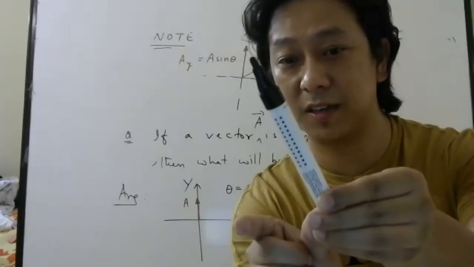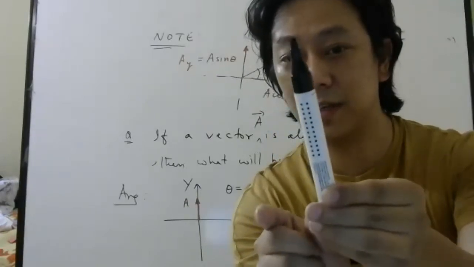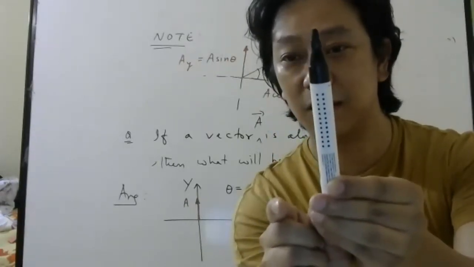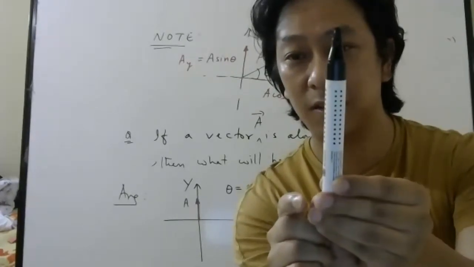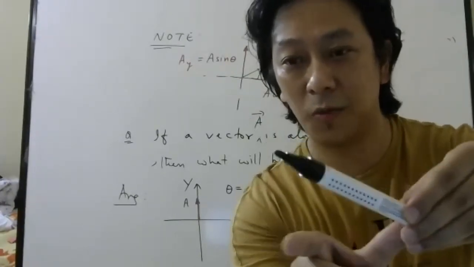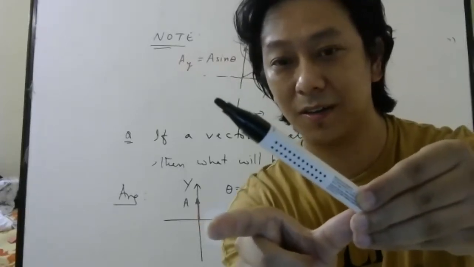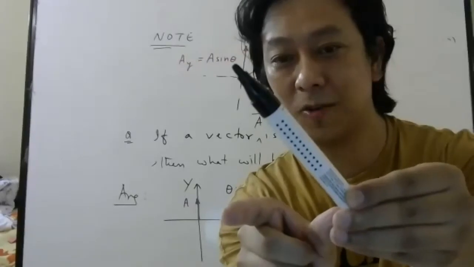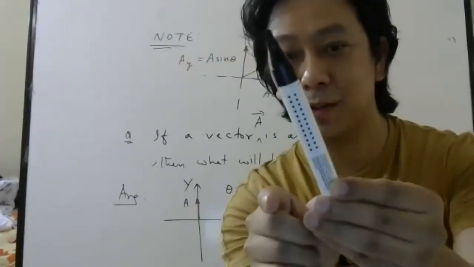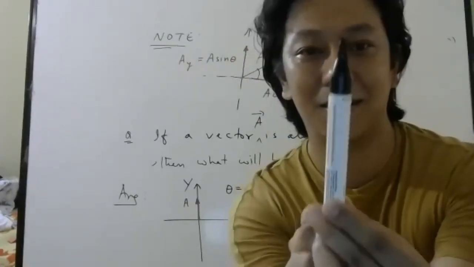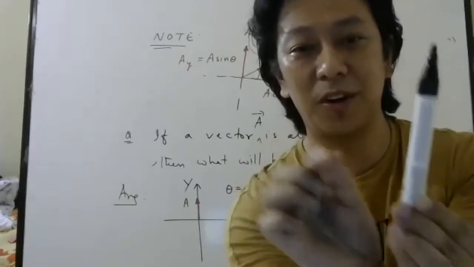Decreasing or increasing? When the vector was here, this was the component. Then it is going like this. So when it becomes like this, there is no x component.